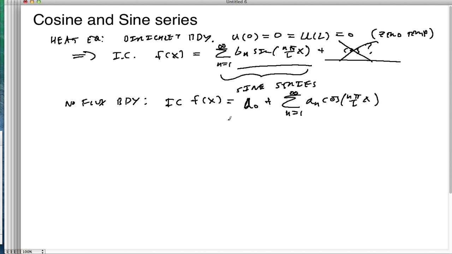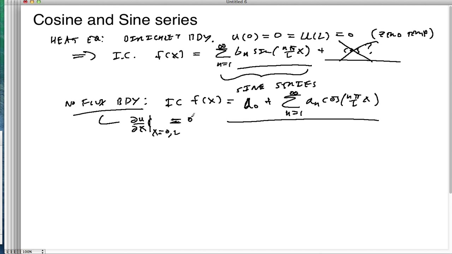Okay, so in this case, this is the no-flux boundary condition, which is determined by x equals 0 and L both being no flux, so there's no heat flux. So the partial derivative with respect to x of the temperature is 0. And this, of course, right here is a cosine series.